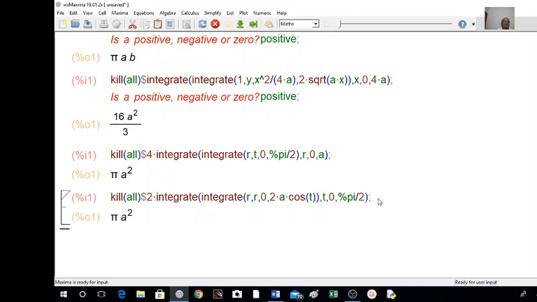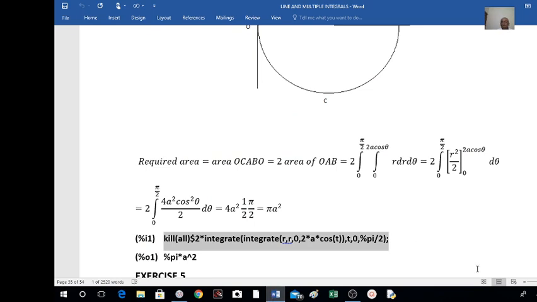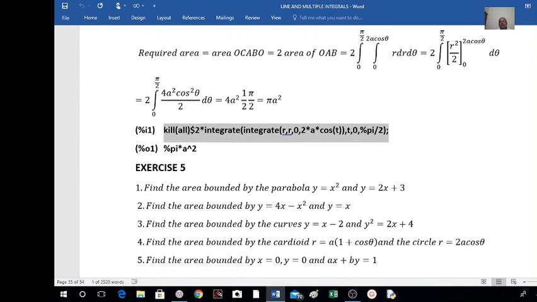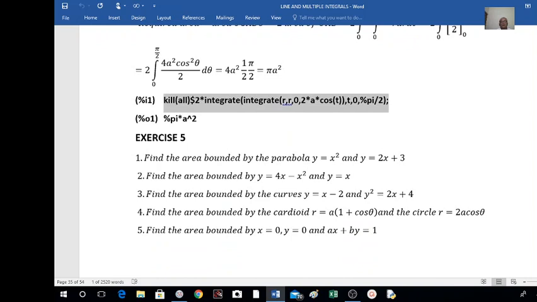Execute this, pi a square. Okay, so this is how we can find plane areas by using double integrals in Cartesian form as well as in polar form. Okay, thank you. We'll stop here.